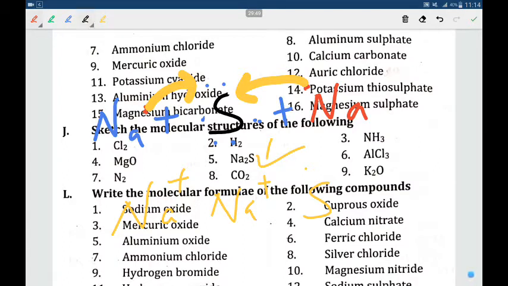Yes, so electrons with black color: 1, 2, 3, 4, 5, 6, 7, 8. Minus minus. Why 2 minus? Because it gains. In that way, you can do it.